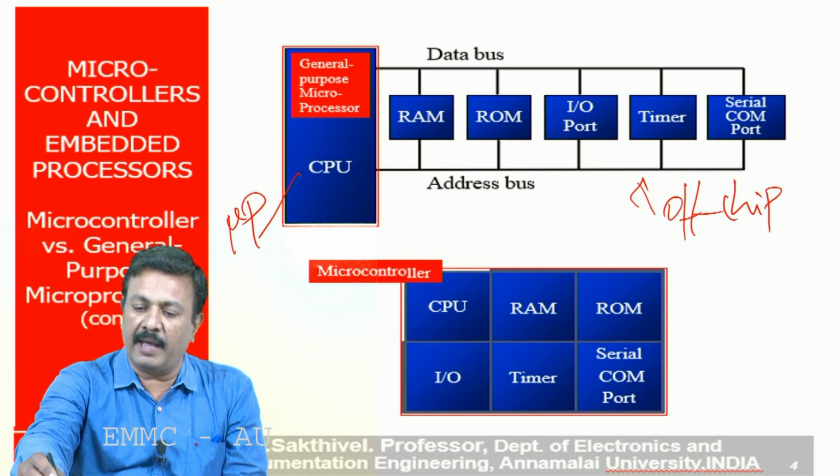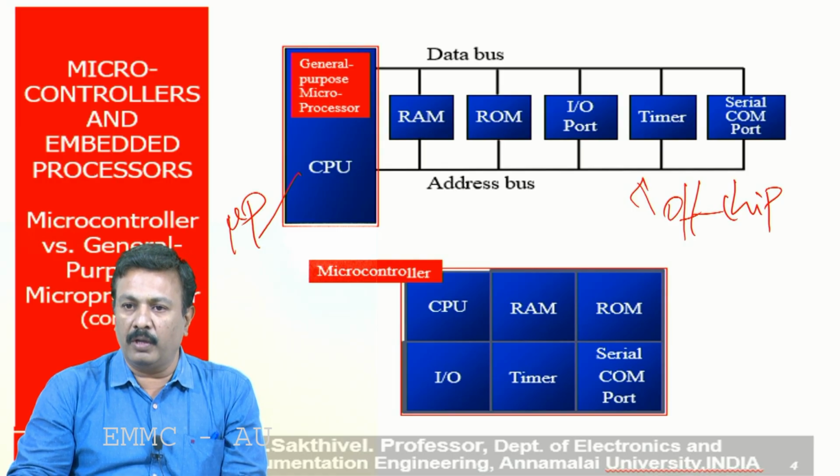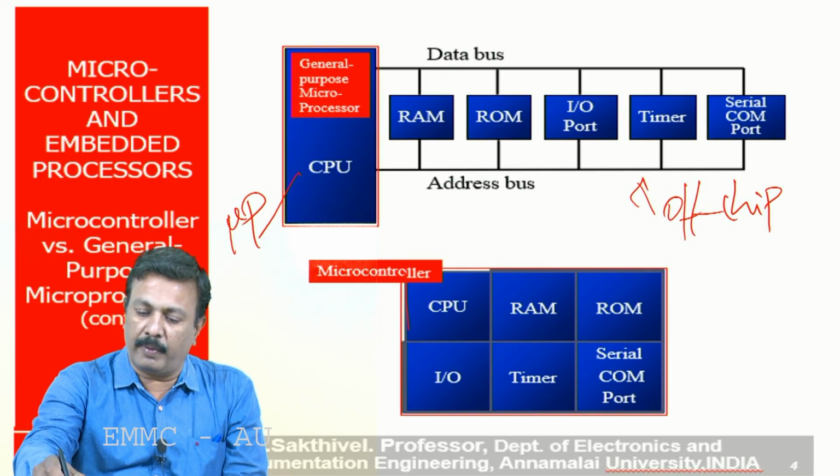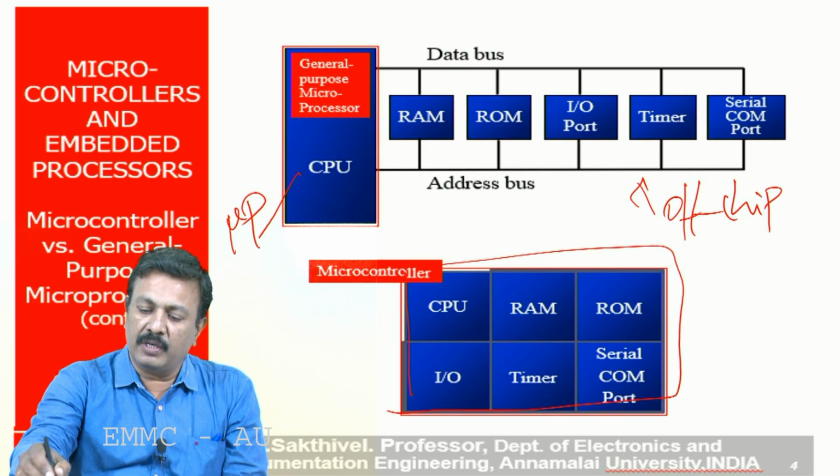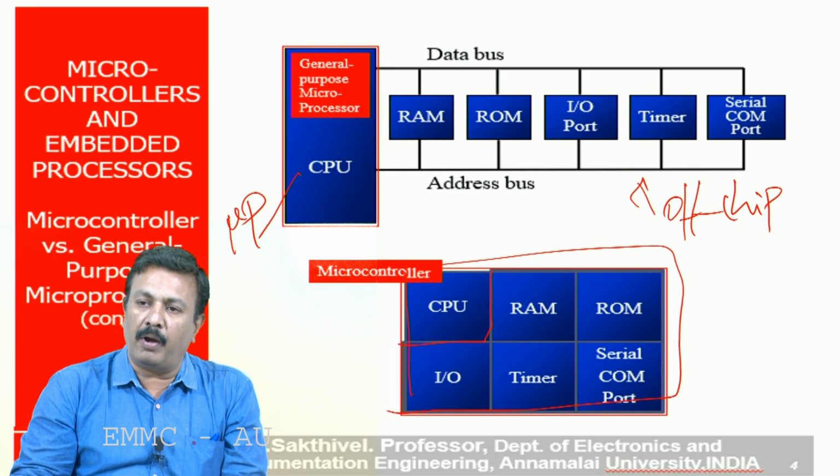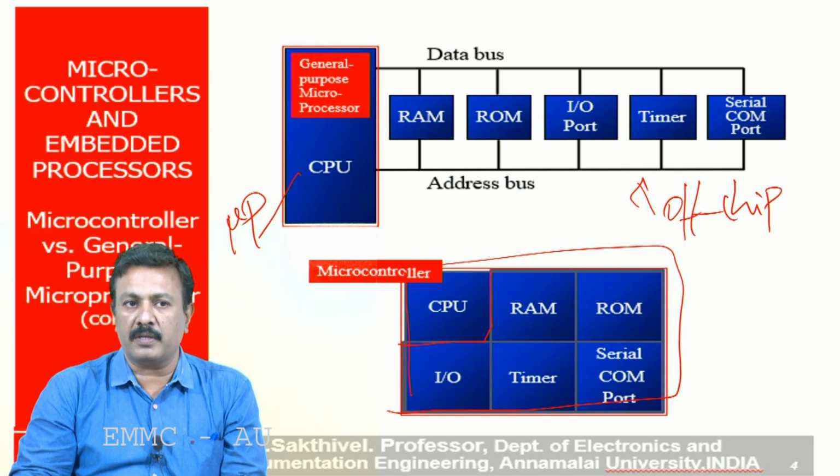You can see RAM, read-only memory, I/O ports, timer, serial communication port, and so on. These off-chip peripherals are connected to the CPU via data bus and address bus. If you take the microcontroller, this is the microcontroller block in which the microprocessor is a part of the microcontroller.